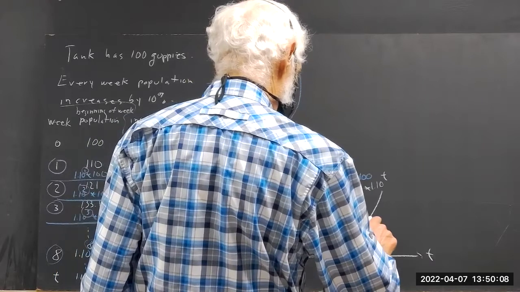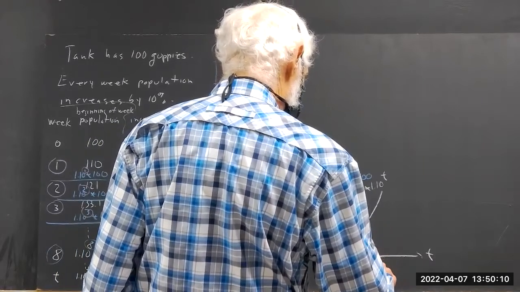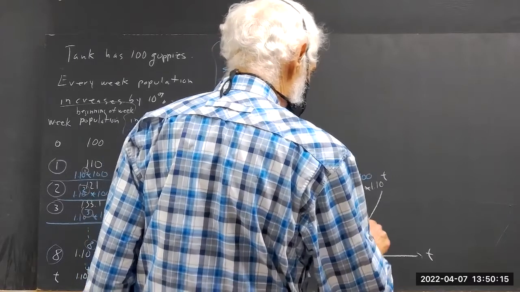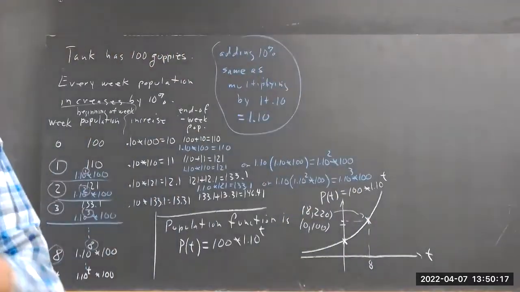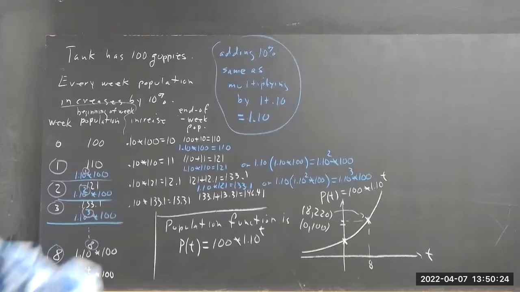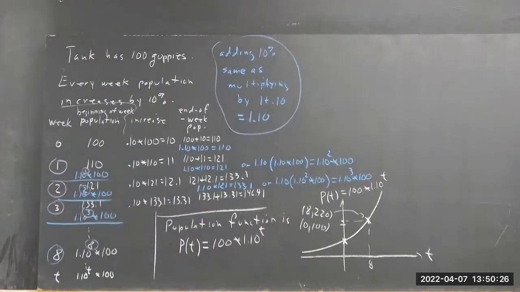So you have the point where t is 8 and y is 220. So now you could predict what you would have after 20 years if you had an accurate exponential function. Okay.